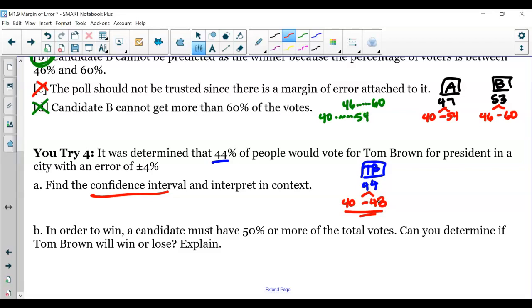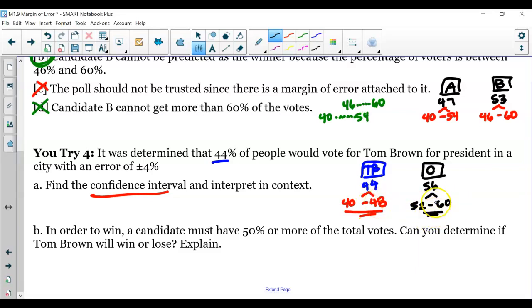Can we determine? So again, if Tom Brown, and then there's another candidate, right? So let's say it's candidate C. Well, if Tom Brown's at 44%, then that means candidate C is at 56% with a margin of error of 4, which is 52 to 60.